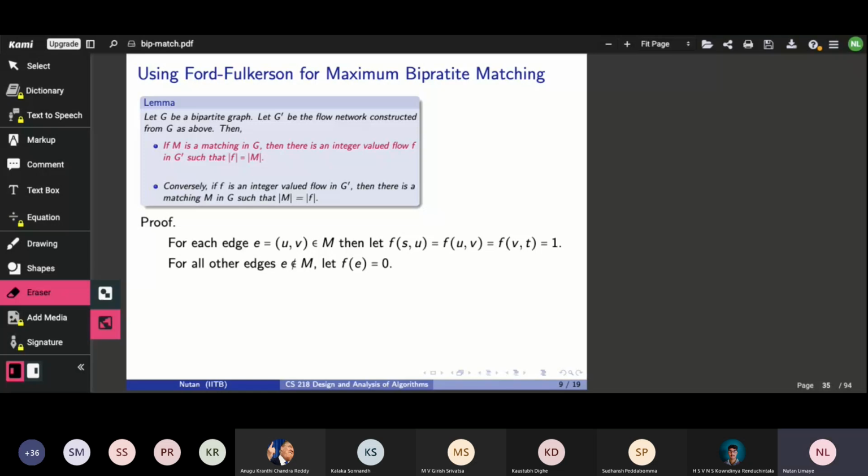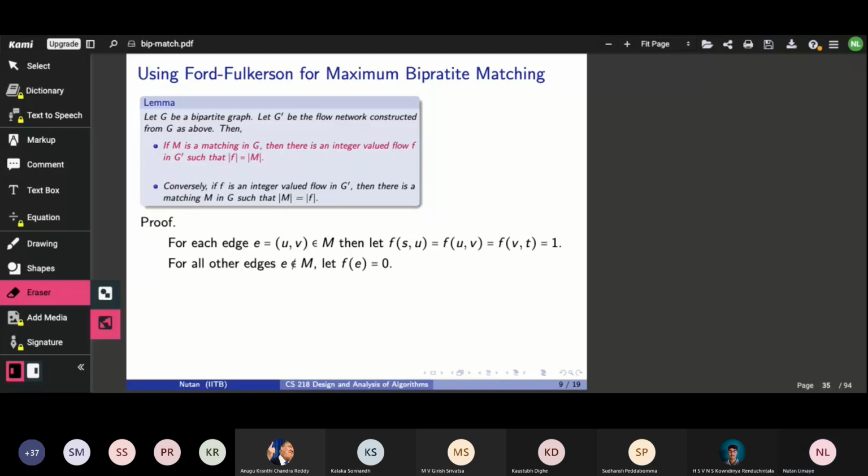So for each edge E in the matching, so from a matching, I'm trying to construct a flow. This is how I do it. Take any edge in the matching, the matching in the graph G, mind you. So there S, T, etc. are not there. But from that matching, I'm going to map a flow. So what I do is for every edge in the matching, I assign the following flow to the edges in G prime.